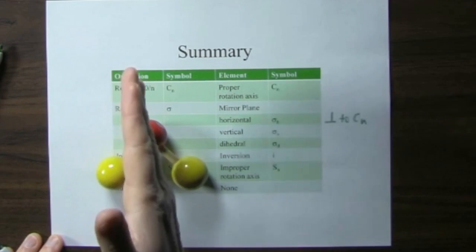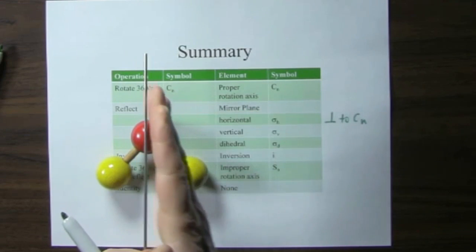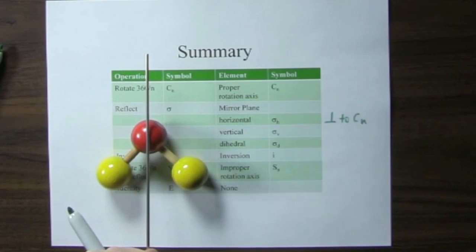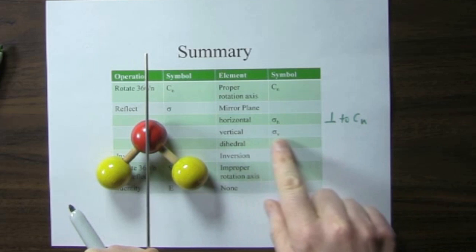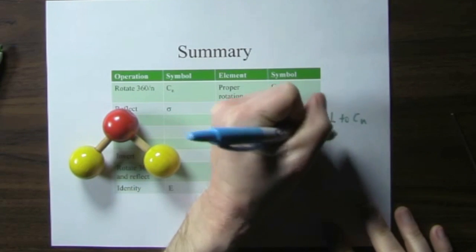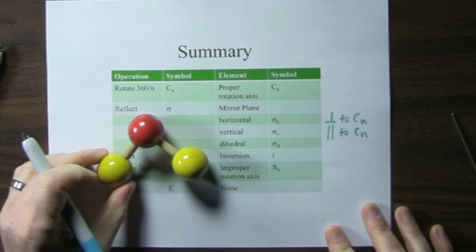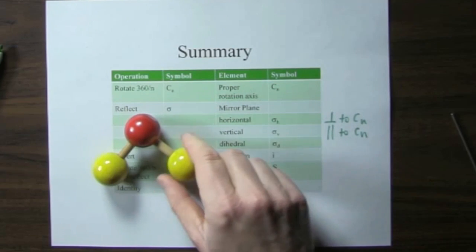So that mirror plane and the rotation axis are actually parallel. So the correct type of mirror plane for a water molecule we would actually call a vertical mirror plane, because it is parallel to the rotation axis, the primary rotation axis.